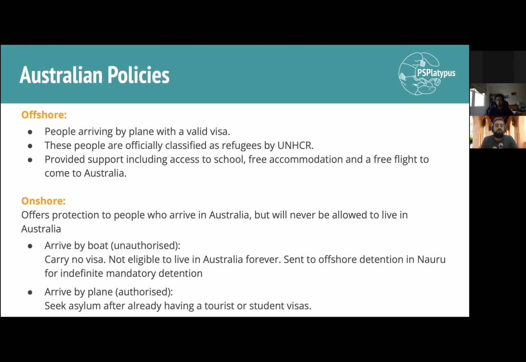And then the authorized arrival, where people arrive by plane, and they already have a tourist or student visa, but not a visa as a refugee. So they apply for a bridging visa after their arrival to Australia.